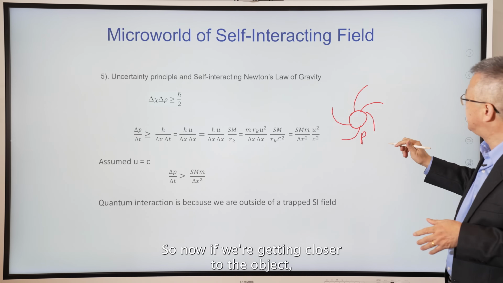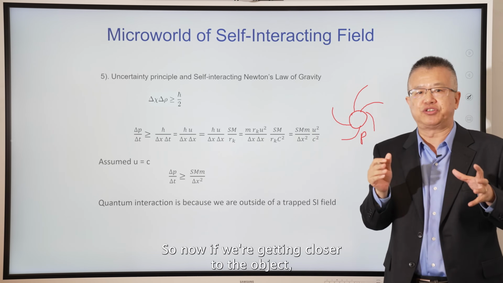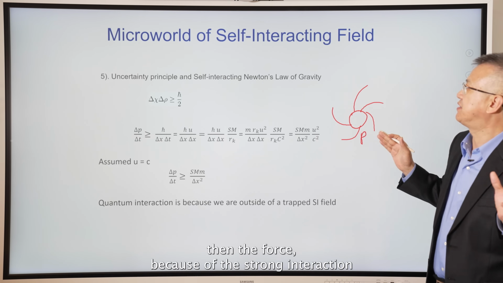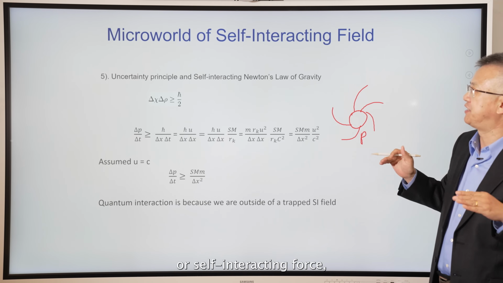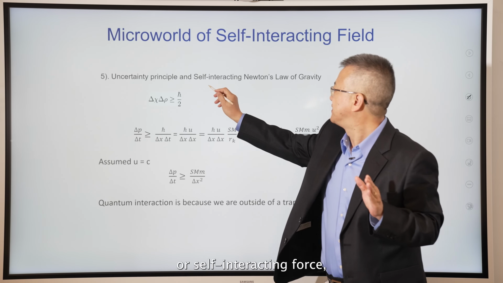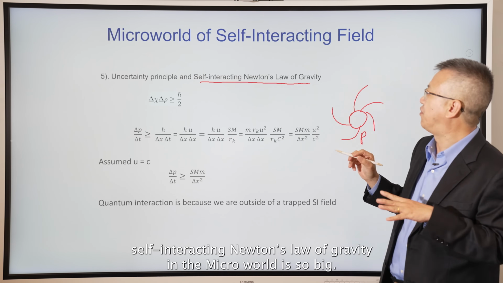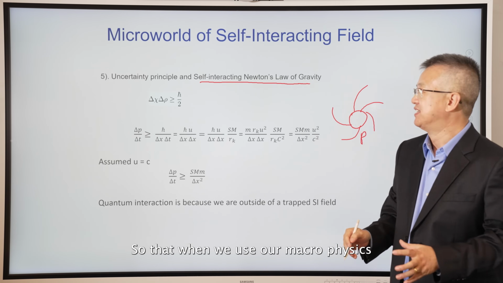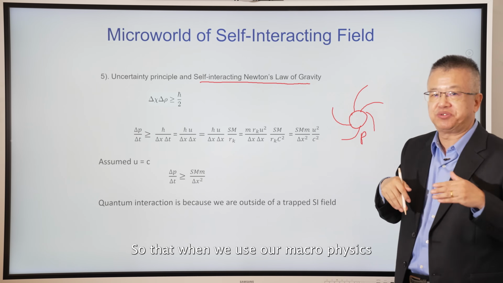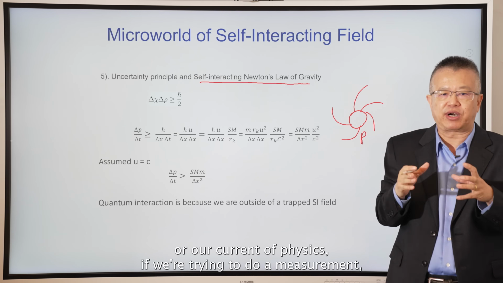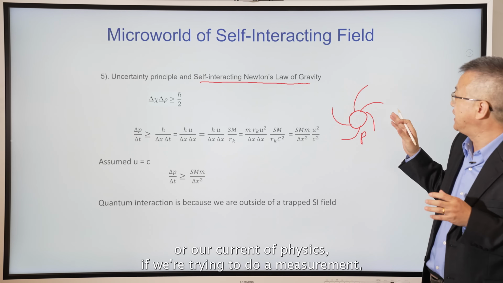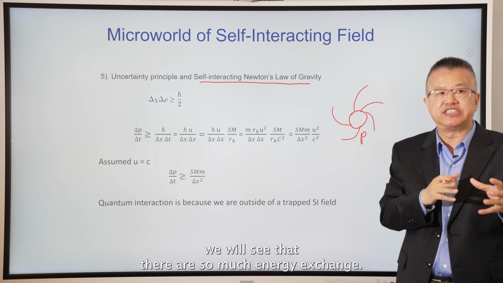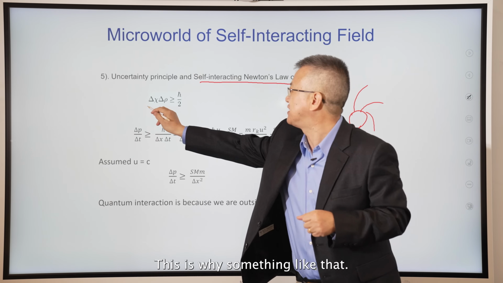If we're getting closer to the object, the force, because of the strong interaction or self-interacting Newton's law of gravity in the microworld, is so big that when we use our macro physics, our current physics, to do a measurement, we will see that there is so much energy exchange.